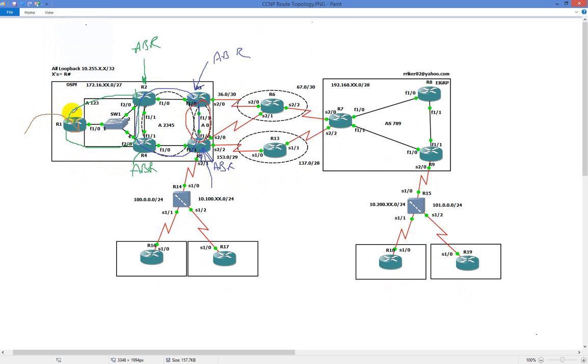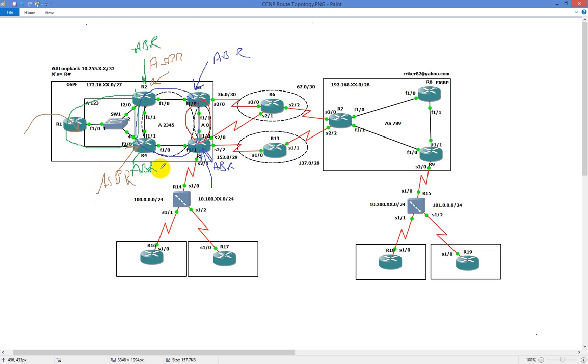The moment you advertise or redistribute a route into OSPF, this router right here becomes an ASBR. So this guy becomes an ASBR. So is this guy. They're ASBRs.